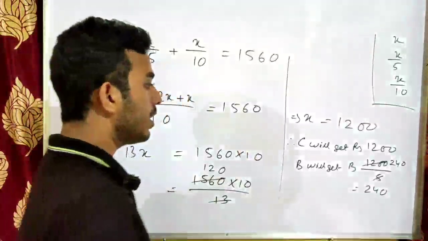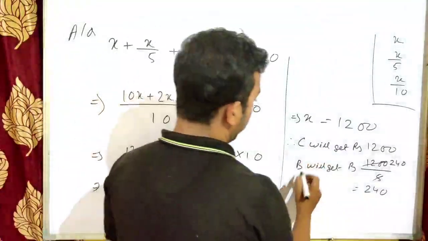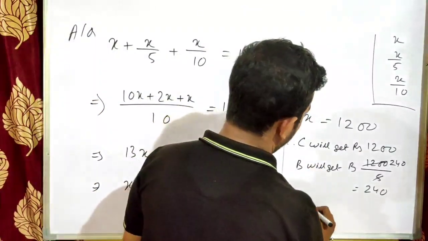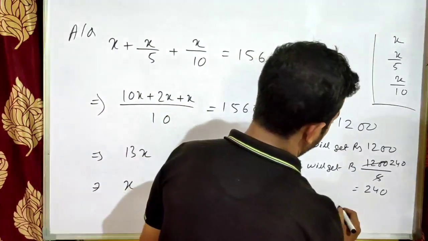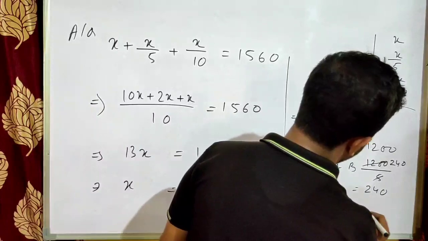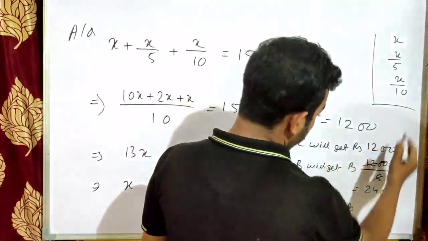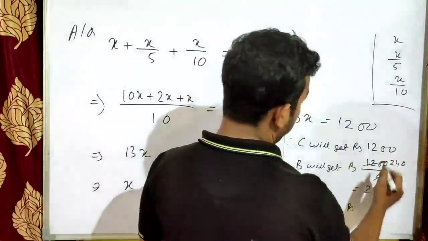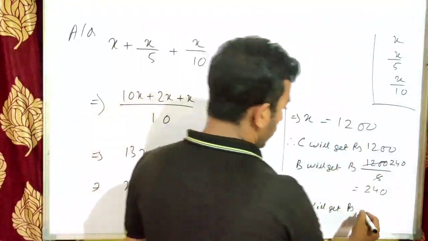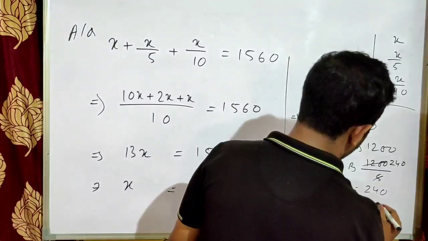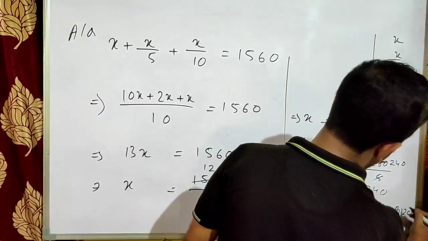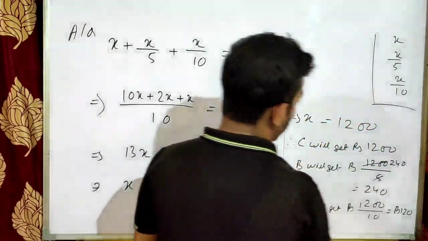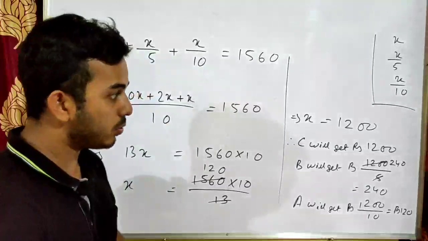Okay, B will get 240, and A will get how much? A will get rupees X by 10, isn't it? The value of X is 1200. So 1200 divided by 10 will be rupees 120.